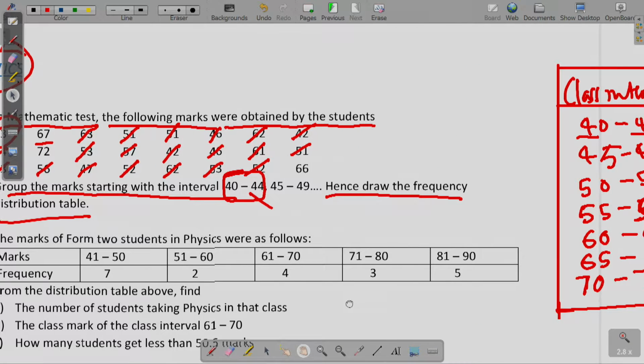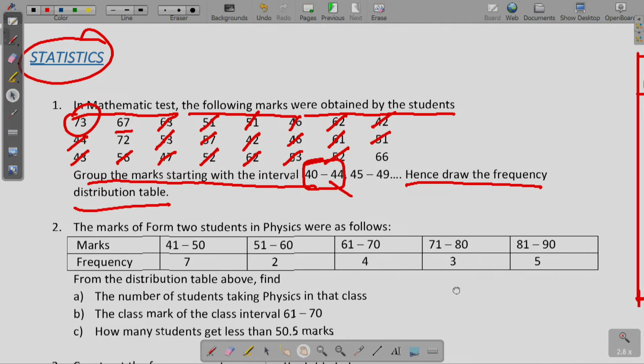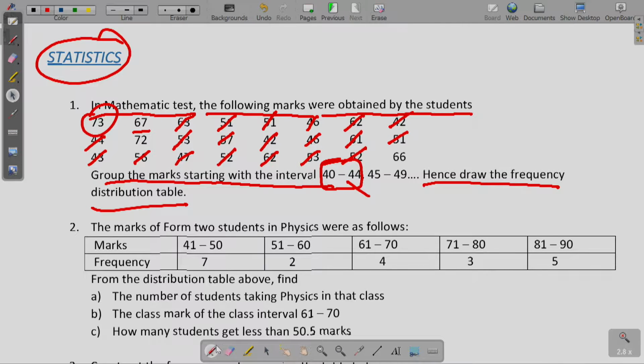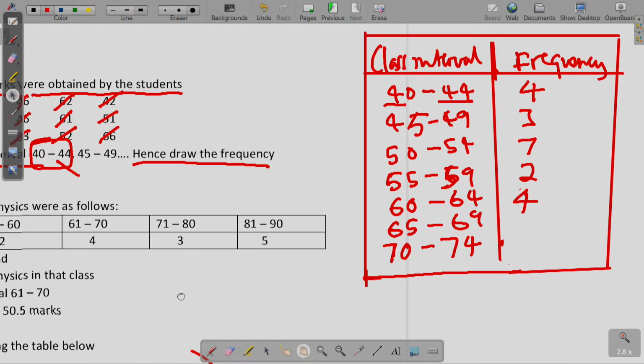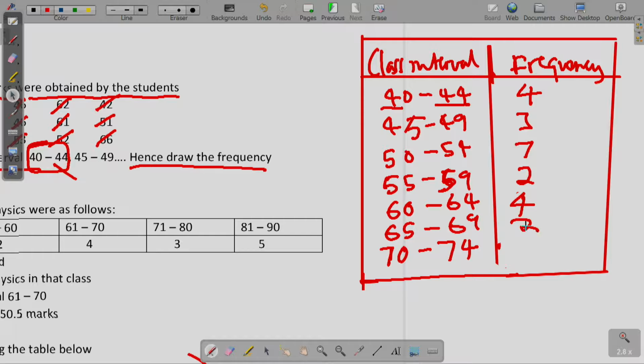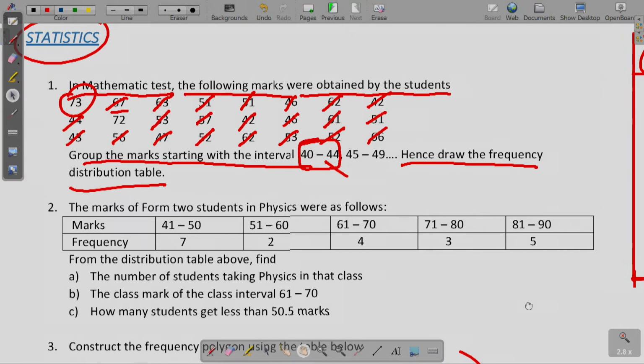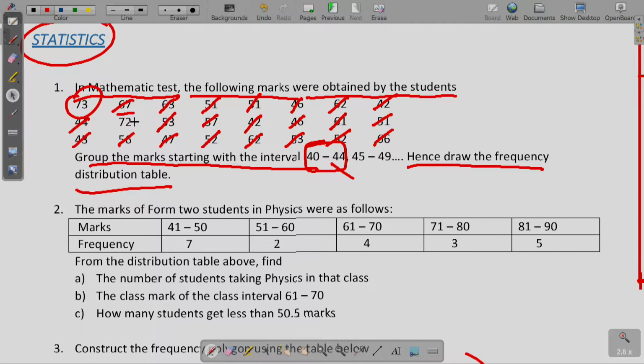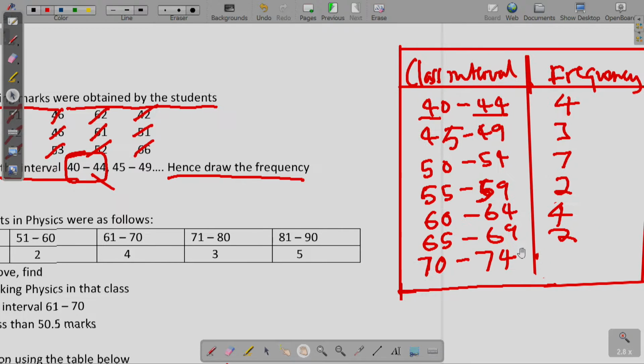And now 65 to 69: 1, 2. So here we have only 2 marks. And now from 70 to 74, which are 72 and 73, so we have 2 marks.